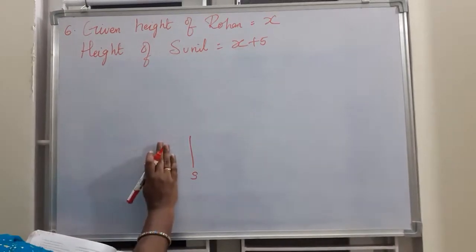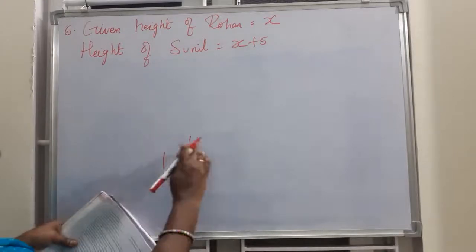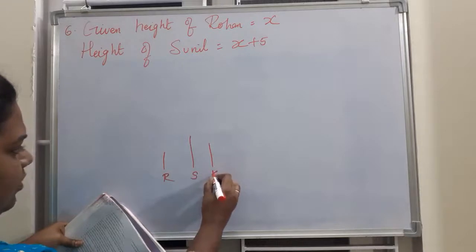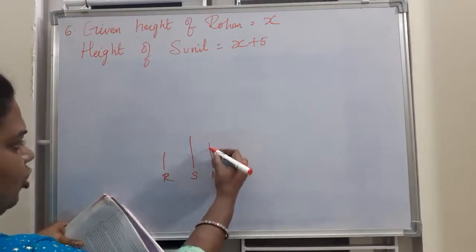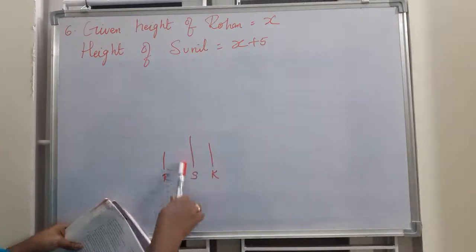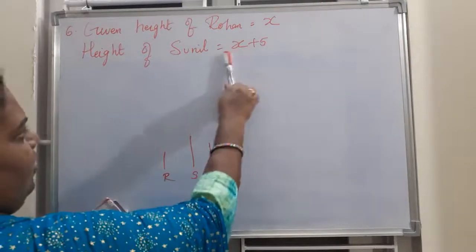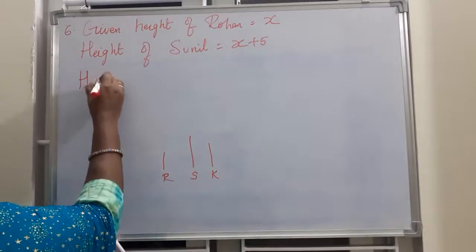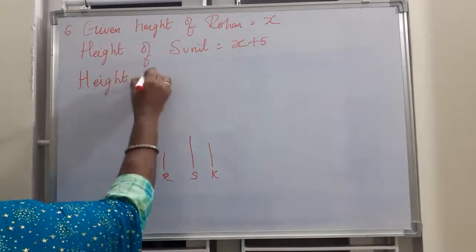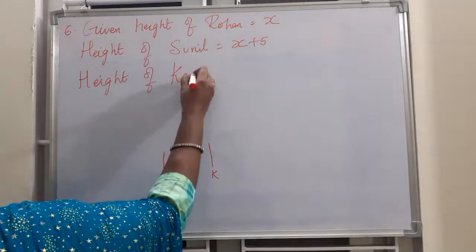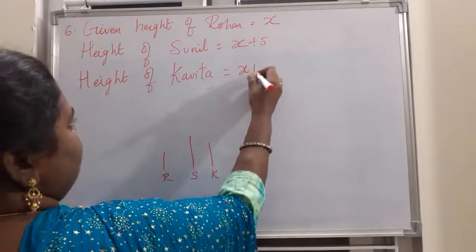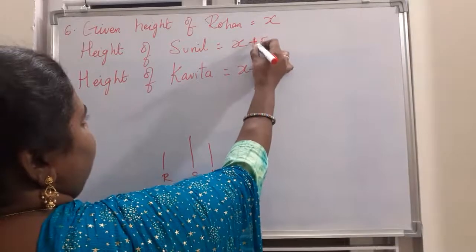Kavita is 3 centimeters shorter than Sunil. Now forget about Rohan. From Sunil you see, she is a little bit shorter. Who is she? Kavita. She is a bit shorter than Sunil. So what is Sunil's height now? x plus 5. From this you have to subtract. Now write here height of Kavita is equal to, from Sunil's height, x plus 5 centimeters.